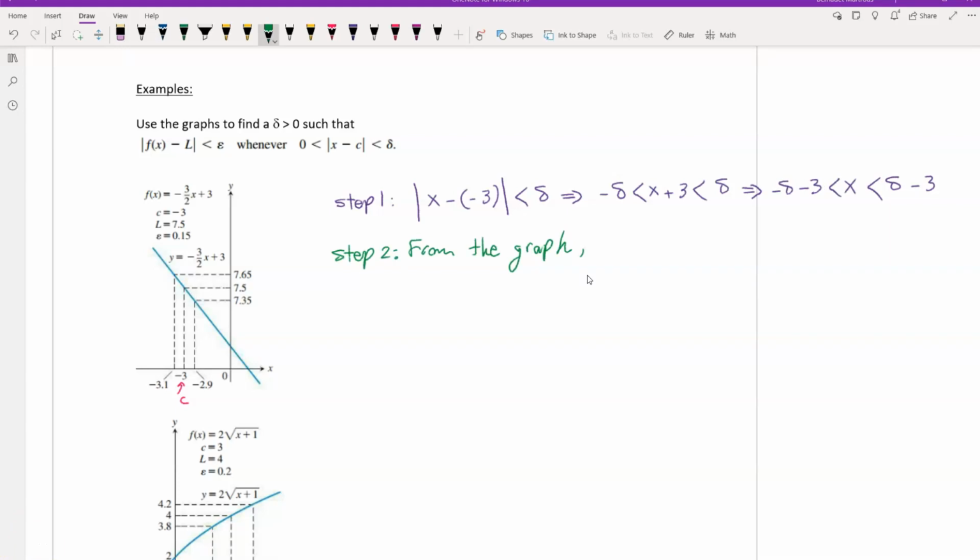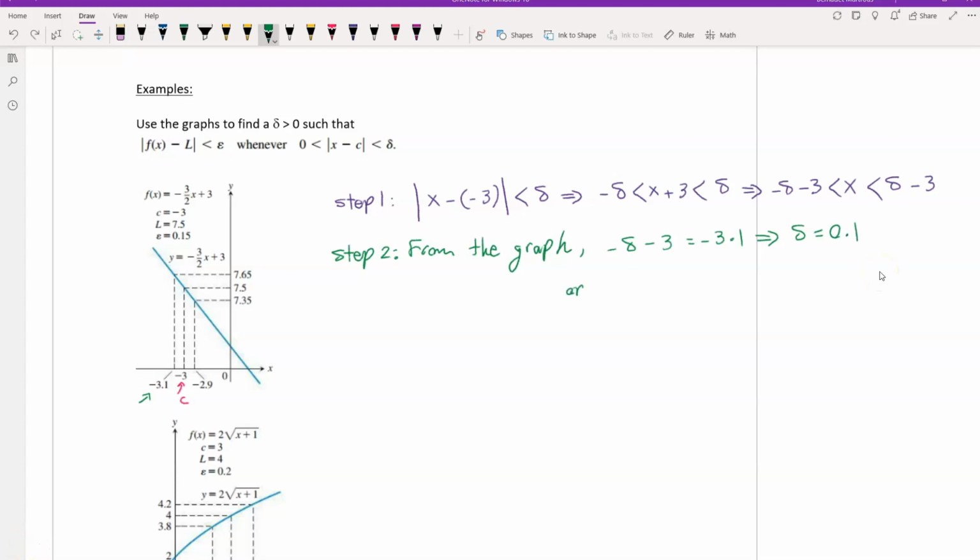Now step 2, what we have from the graph for negative delta minus 3 is equal to this number, negative 3.1. So solving for delta, that is equal to 0.1.